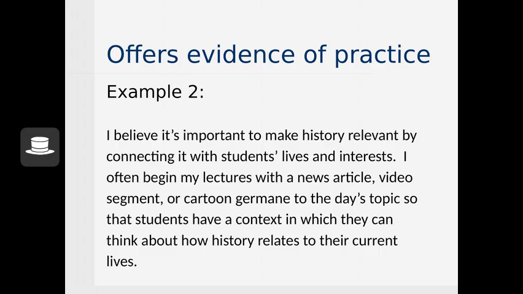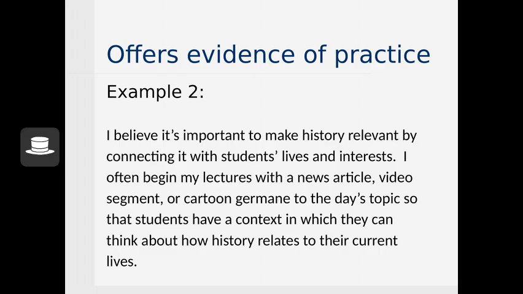Now, the question I get a lot from people, particularly graduate students and postdocs, is, "Well, I don't have any teaching experience. How am I supposed to offer examples of practice?" And this is a really good question. Generally, what we recommend is that you write in terms of what you will do as a teacher.